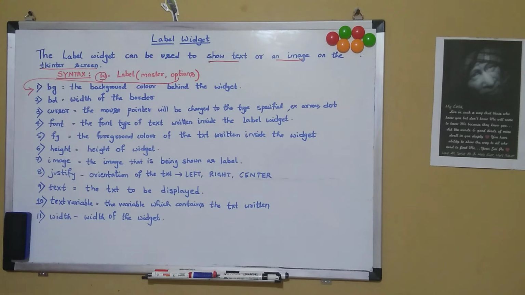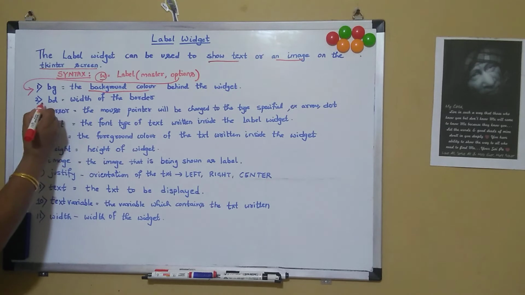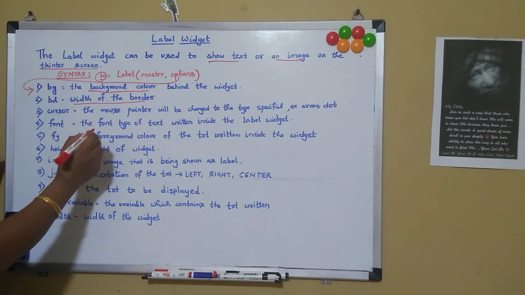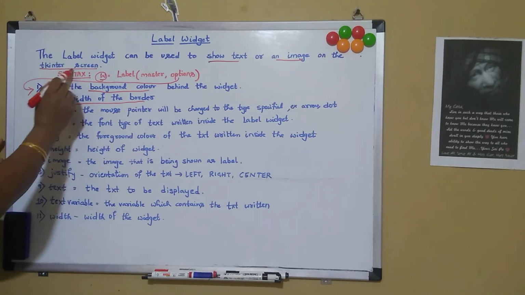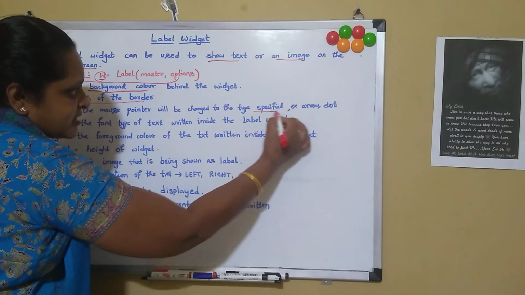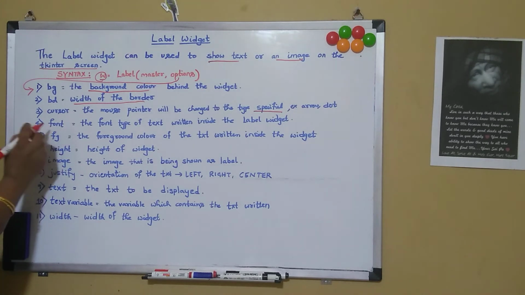So friends, the important options are BG, that is the background color, BD, width of the border, and cursor. If the mouse pointer hovers on the label widget, what type of cursor should be shown? Whether it should be an arrow or a dot, we can specify. Font is also important to get the font type and size.